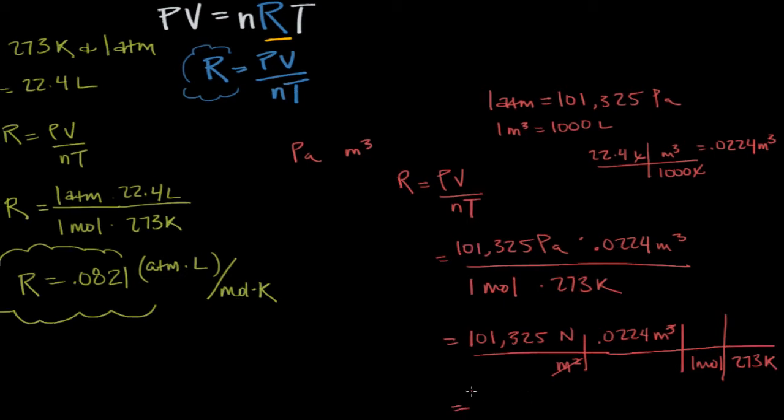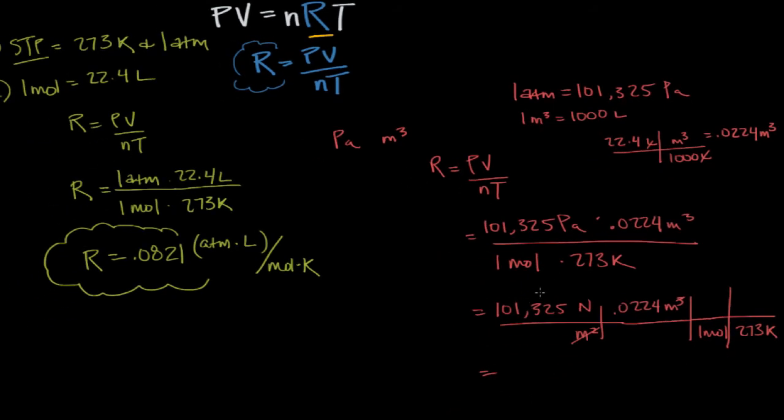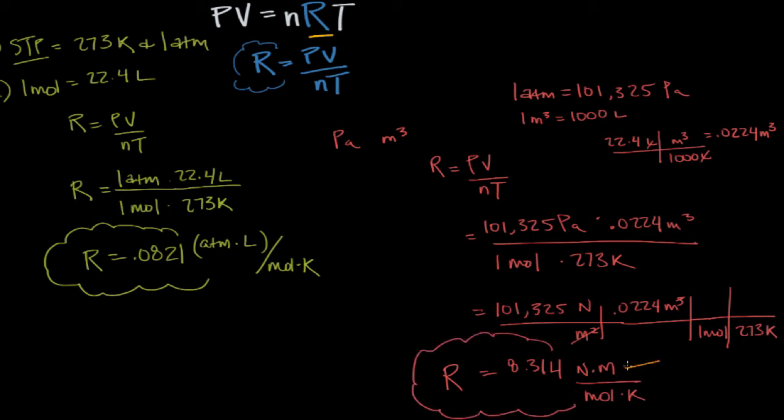If we simplify this down, 101,325 times 0.0224 divided by 273 gives us a value of R equals 8.314 Newton meters per mole Kelvin. And we could simplify the units just a tick more, because Newton meters are the same thing as joules. So we'd have joules per mole Kelvin.